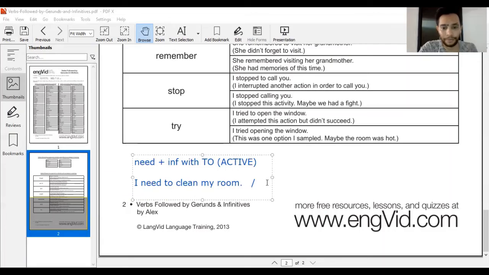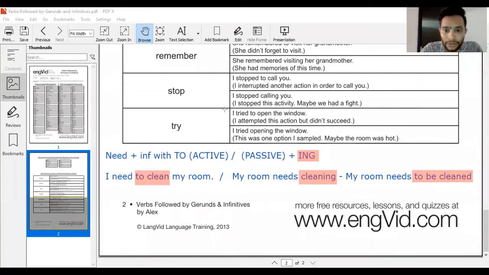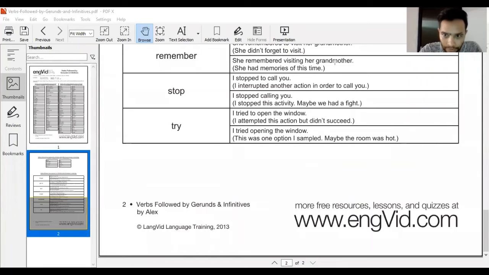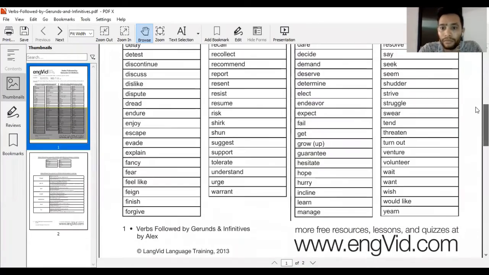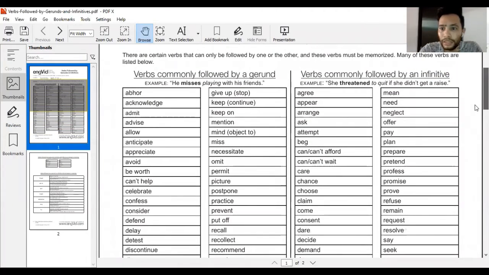Now, if the verb has a different intention, not an active intention but a passive one, then it changes a little bit. Is that clear to you guys? Okay, that's fine. Now let's move on with the next verbs. All right, that was need.